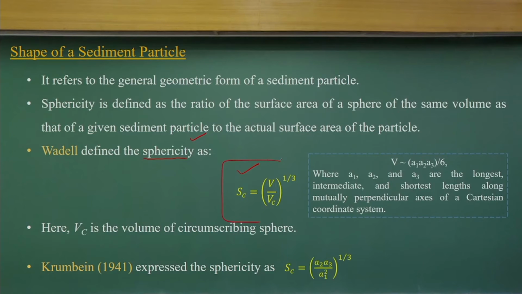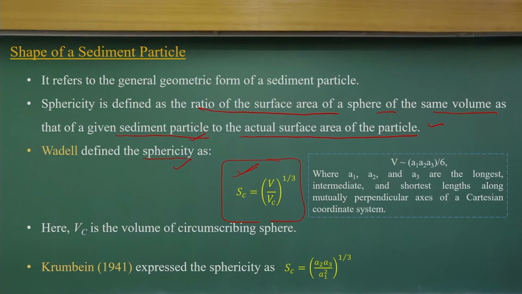With this empirical relationship, it is the ratio of the surface area of a sphere having the same volume as the given sediment particle to the actual surface area of the particle. That is defined as sphericity, and it is a simple equation. Because volume is a three-dimensional quantity, we take the power of 1/3 to get a one-dimensional quantity.